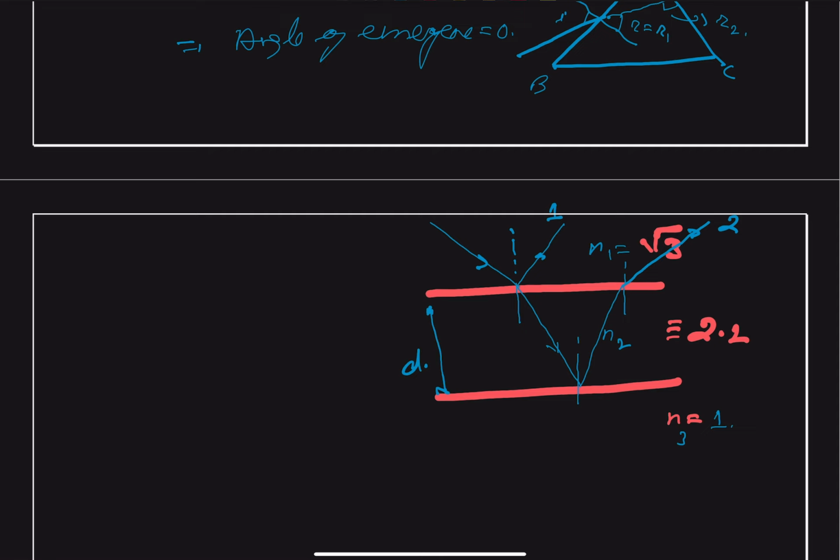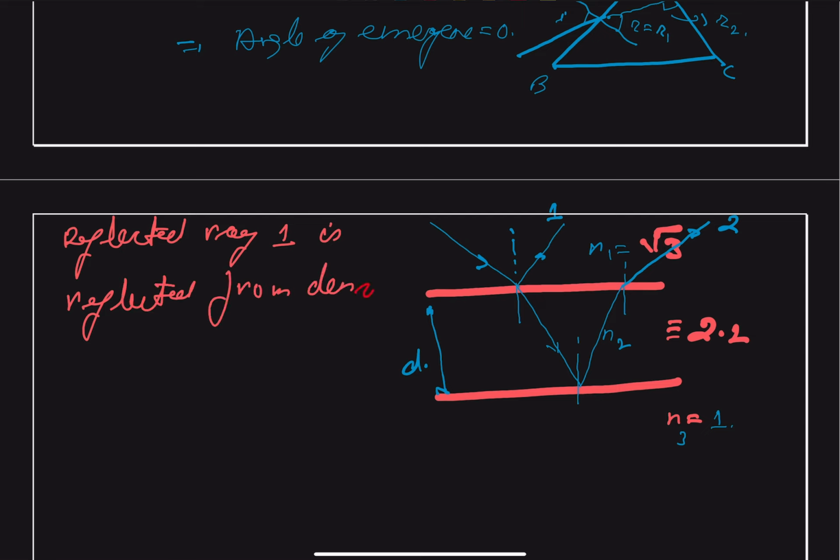So we can say that the reflected ray 1 is reflected from the denser medium, because 2.2 is greater than square root of 3, and because of this a phase change of pi will occur in ray 1.